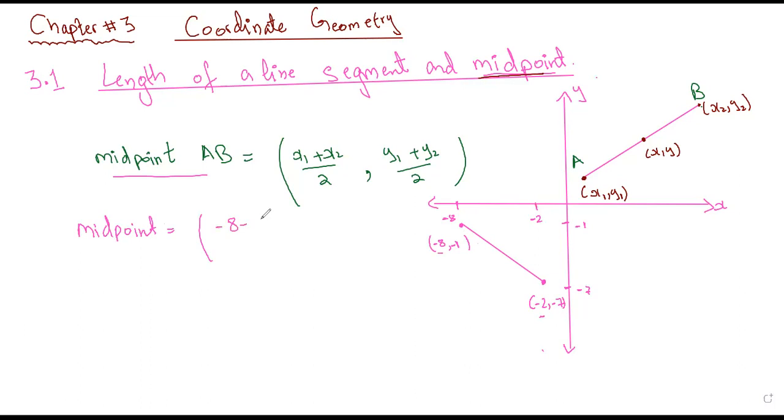It would be -8 -2 divided by 2, and the y coordinates -1 and -7 divided by 2. So this will give me -5 and -4. Let's see where's -5 and -4. This would be -5 and this would be -4. So this is the point, and yes, it certainly is the midpoint, right? So did you understand how to find midpoint and the length of a line segment, both of you?